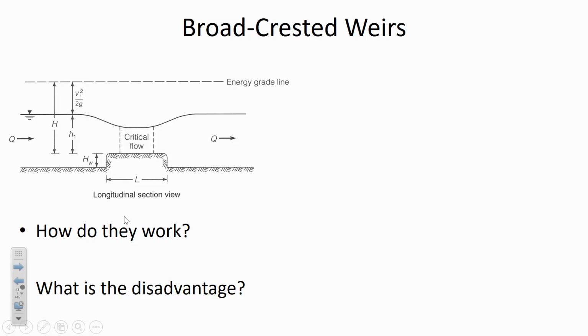For a rectangular channel, remember that if you have a certain flow rate Q and you know the width of the channel B, then you can calculate the flow per unit width. So it would be the flow rate divided by the width of the channel.